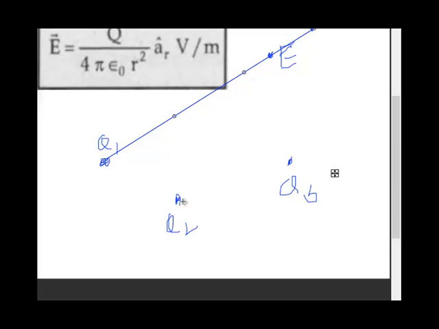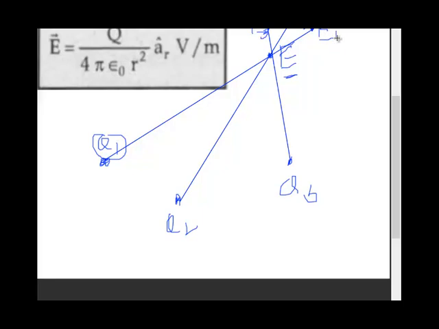Then the electromagnetic field from Q2 will be like this. Then the electromagnetic field from Q3 will be like this. These are three vectors from the source charge to the field point. So the first vector will give you E bar 1, the second E bar 2, the third E3.